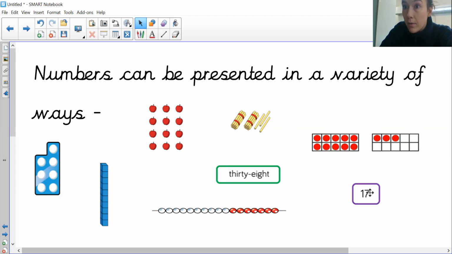Obviously, it can just be represented as a number, in numerals, or in words. So there you've got the number 38, which is always one that's a bit tricky that I think we need to do a little bit more work on in class. And then obviously you've got your bead strings that we use in class as well.